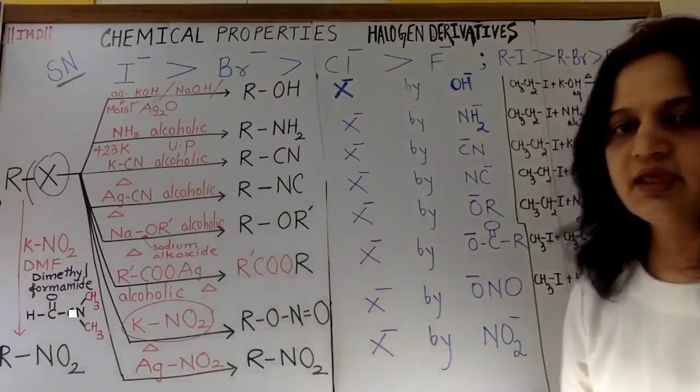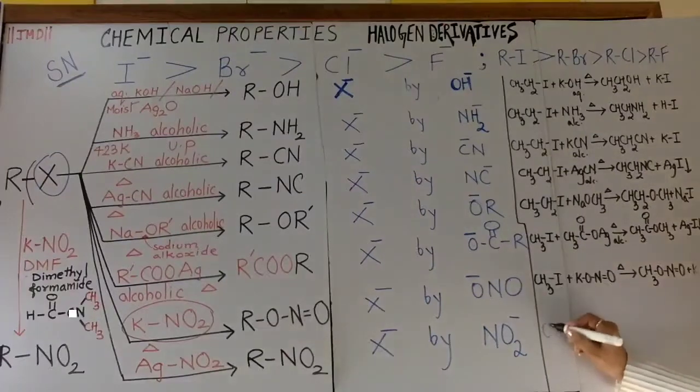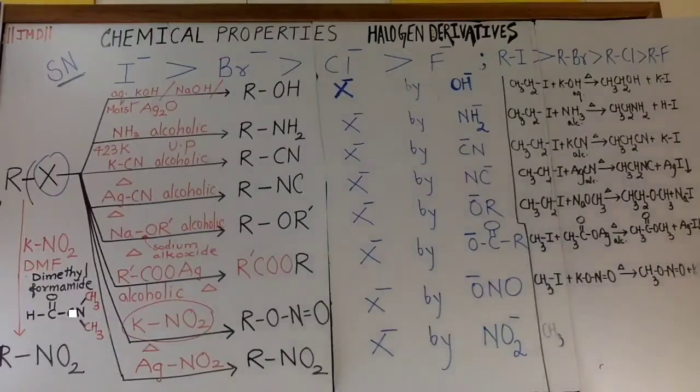Okay. Now this one, methyl iodide plus AgNO2 will give nitromethane plus AgI, heavy metal settles.